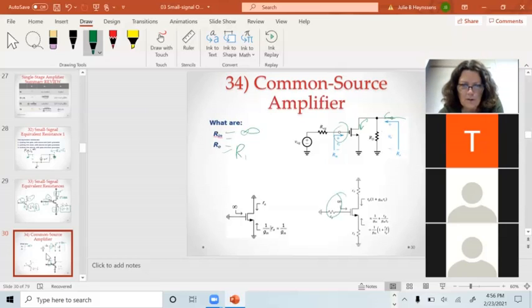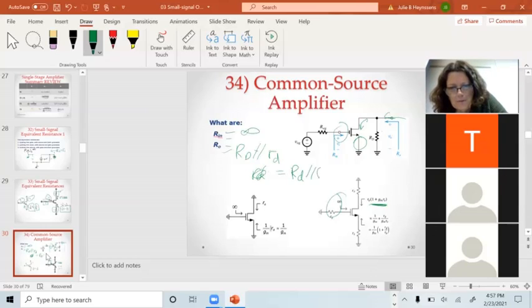So my RO is RD in parallel with, I'll call it little RO, the AC resistance looking into the drain. The AC resistance looking into the drain is the RO of that transistor times 1 plus GM RS. RS in this case is a 0 ohm resistor, so it is just little RO. So that becomes RD in parallel with little RO, and that's our big RO.